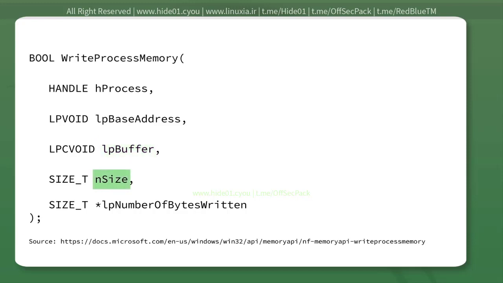The remaining 2 arguments are the size of the shellcode to be copied and a pointer to a location in memory to output how much data was copied.